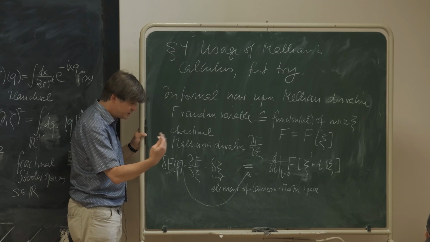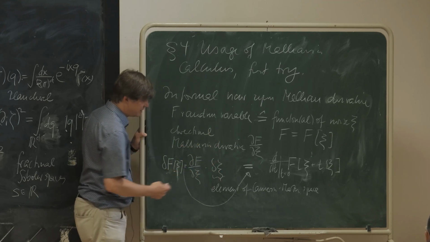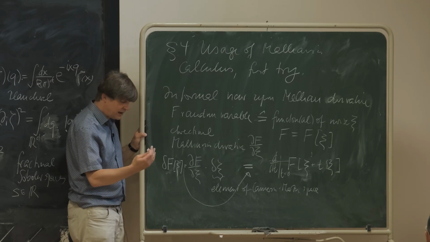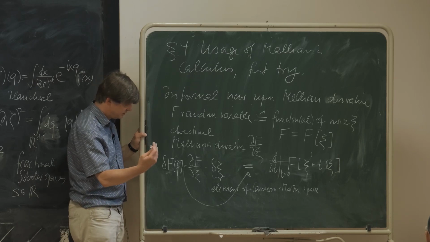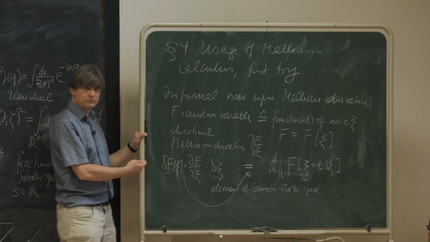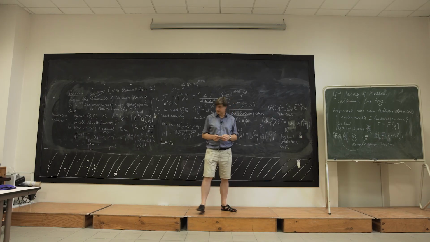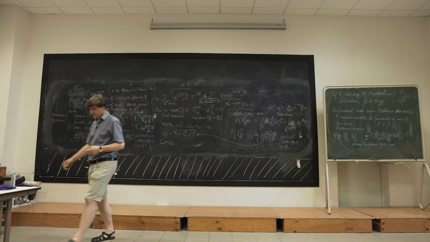You perturb your noise in an infinitesimal way in some direction, del psi, and then you see what is the response you get. How does the quantity you're interested in change? Nothing deep. And there's something I wanted to say here.